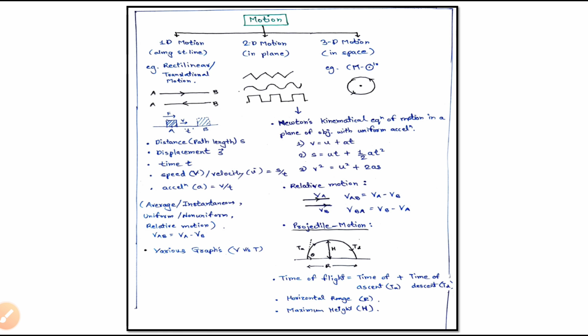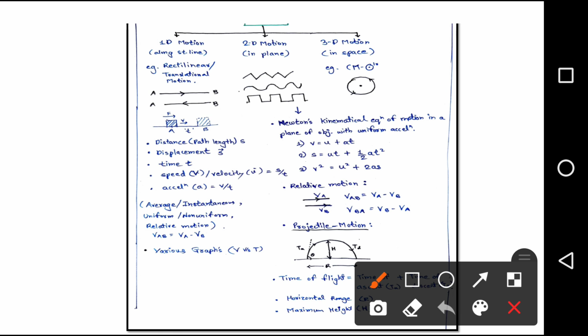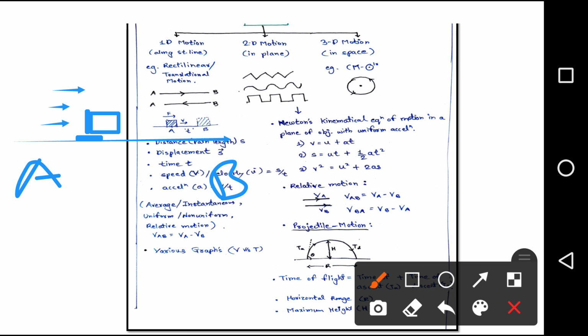As you see here on the screen, basically we must know what motion is first. What is motion? Suppose this is a certain body, and whenever we apply a certain force on this body, it will move along this surface, right from position A to position B, meaning it changes its position from one place to another place.